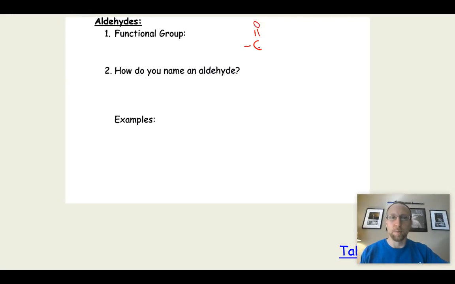But instead of having 2 open ends, it only has 1, which means it's going to always be on the end of the chain. So we'll talk about the difference between the aldehydes and the ketones in a minute. So what's our sequence in the condensed? It always spells Joe. So look for the CHO, CHO.